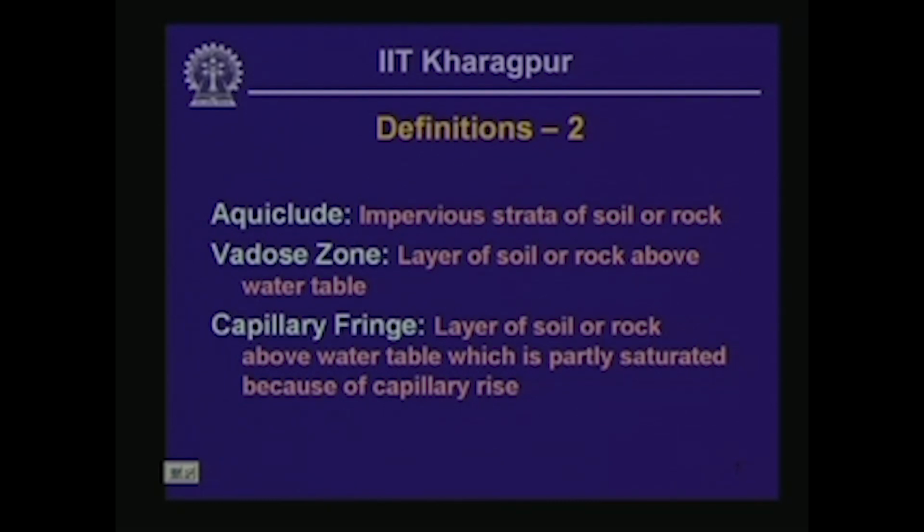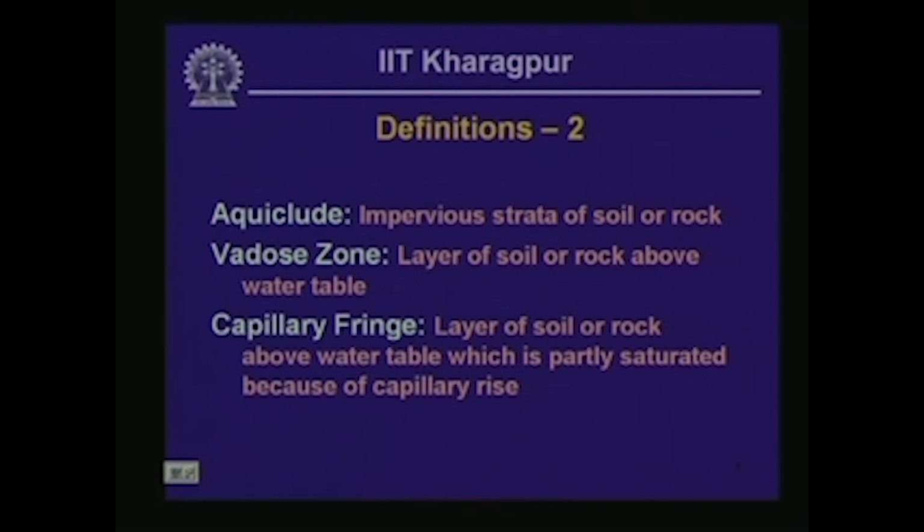Vadose zone is the layer of soil or rock which is above the water table. And then the definition of capillary fringe. There will be a layer of soil or rock above the water table. Water table, simply stated, is the surface of saturated soils, and above that zone of saturation we have essentially partially saturated soil.